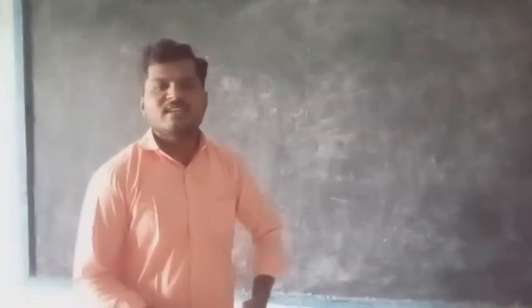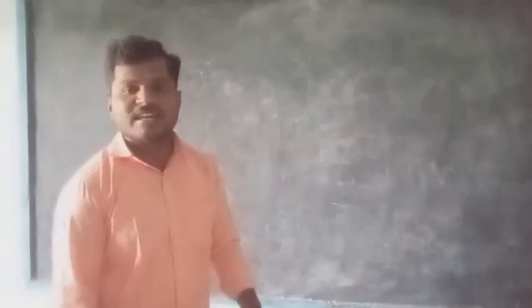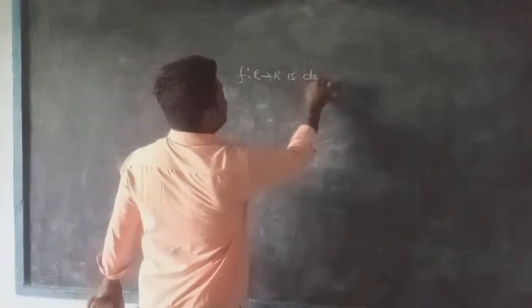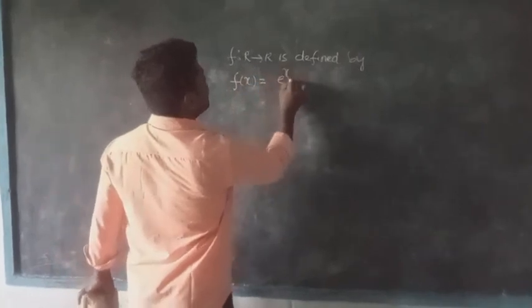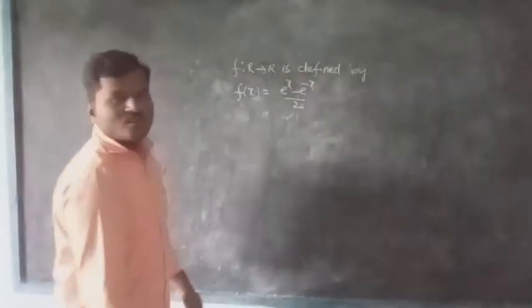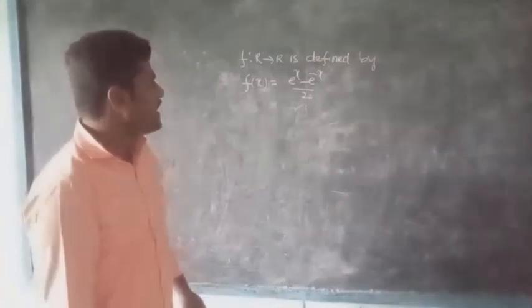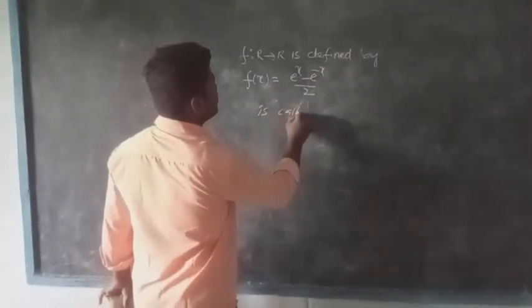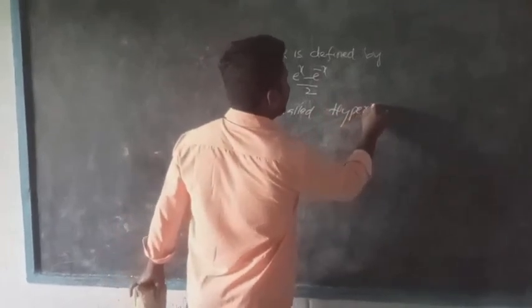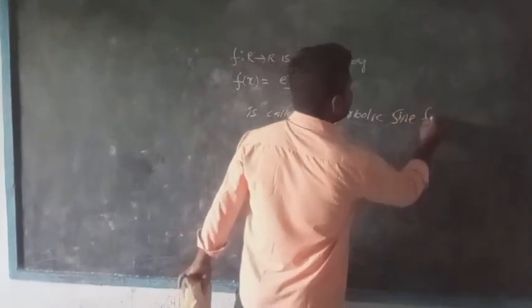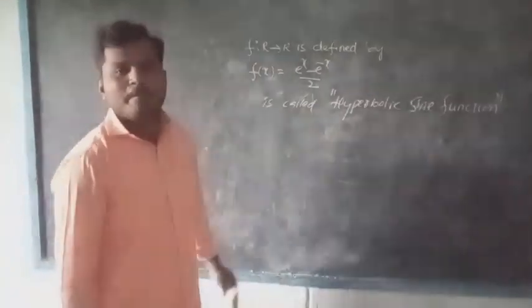What is the hyperbolic sine function? A function f from R to R defined by f of x is equal to e power x minus e power minus x by 2 is called the hyperbolic sine function.